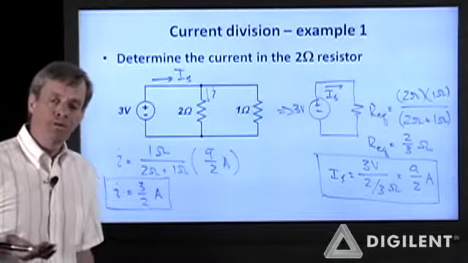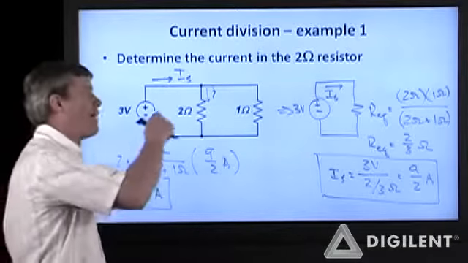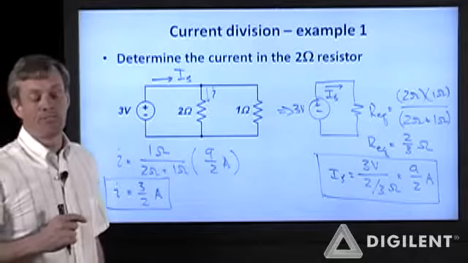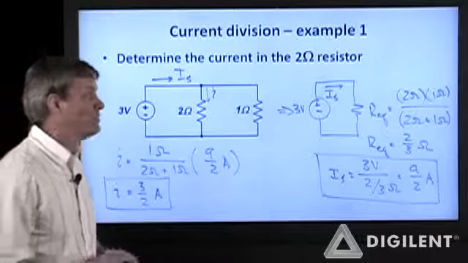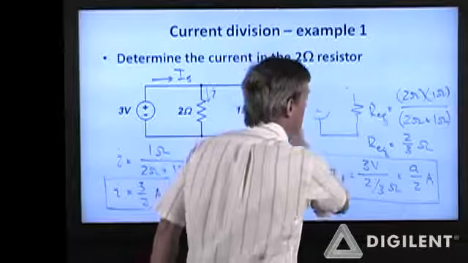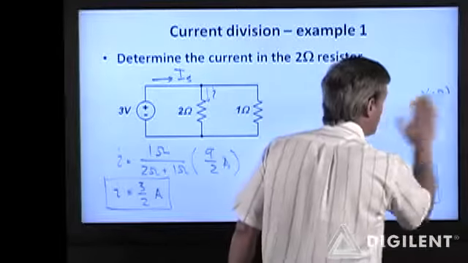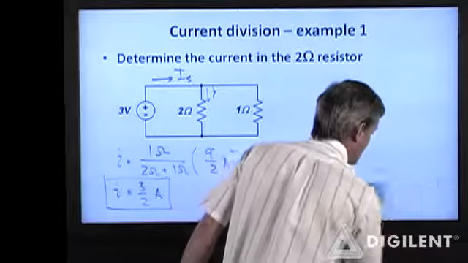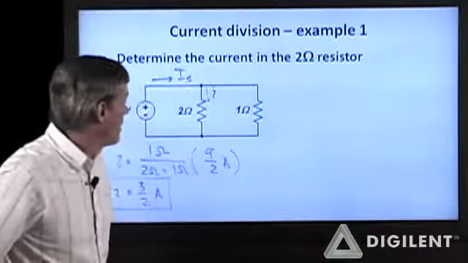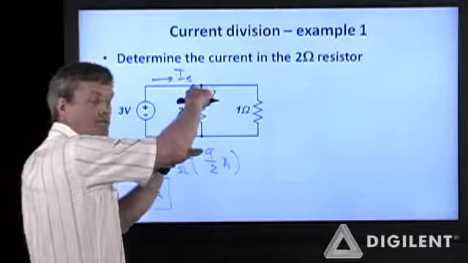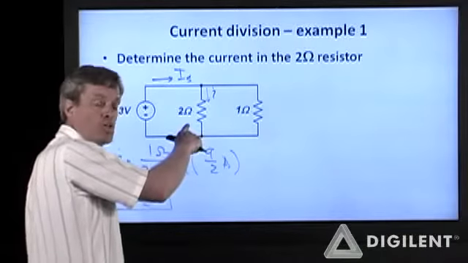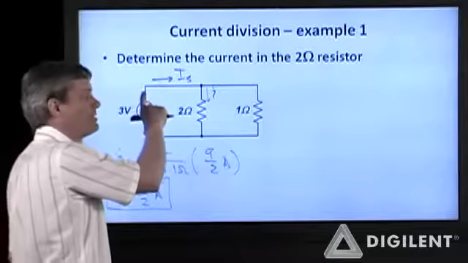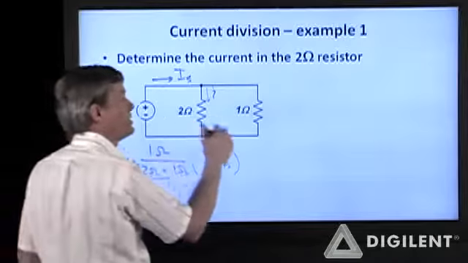Now, if you're doing this problem on your own and you said, why the heck is he doing a current divider formula? Congratulations. I don't need to go to this much work. I know that the current through a resistor by Ohm's law is the voltage across the resistor divided by the resistance.